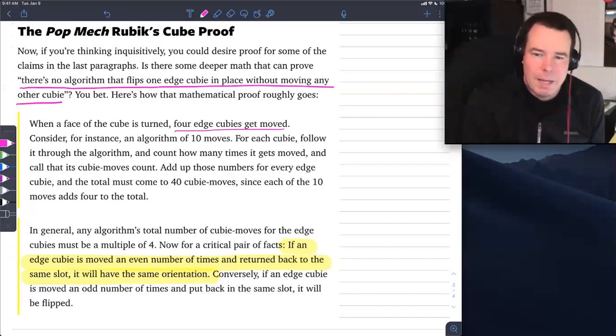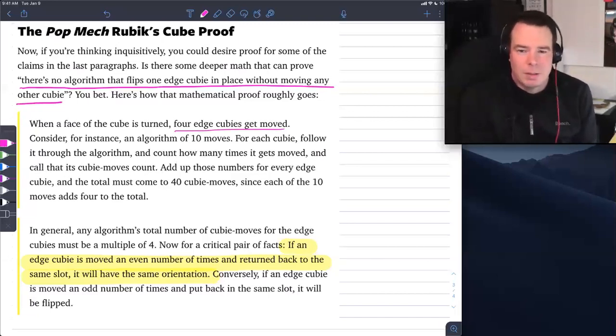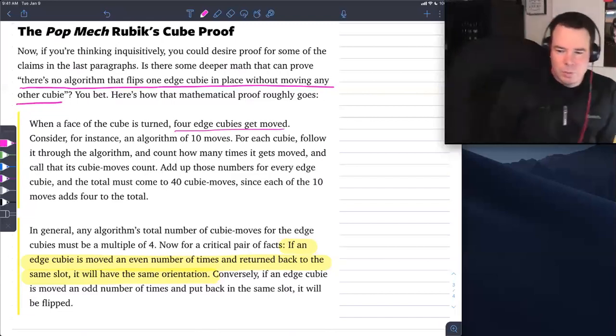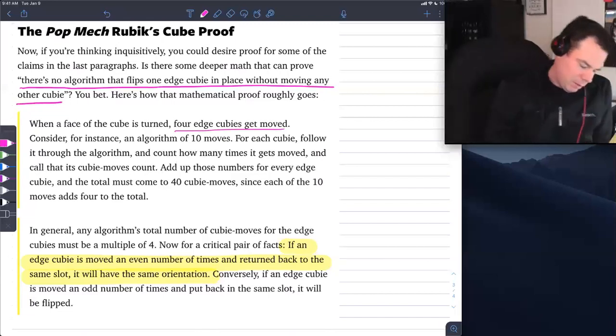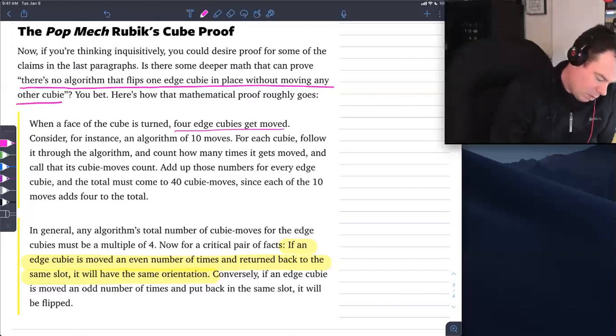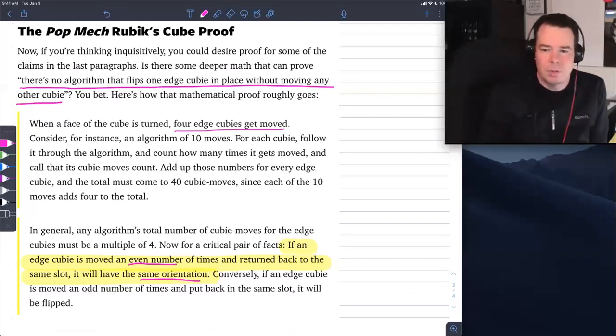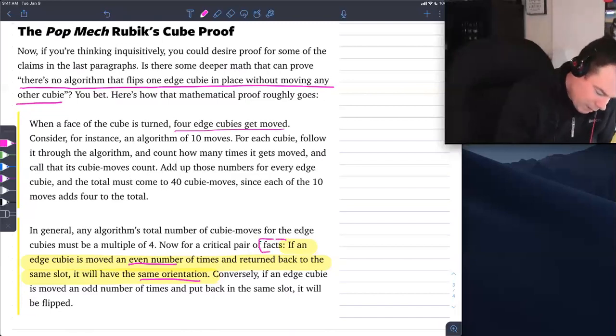If it comes back flipped, it would have had to be moved an odd number of times. That's what the highlighted comment is: if an edge cubie is moved an even number of times, it comes back with the same orientation. Odd number, opposite orientation. That's stated as a fact.